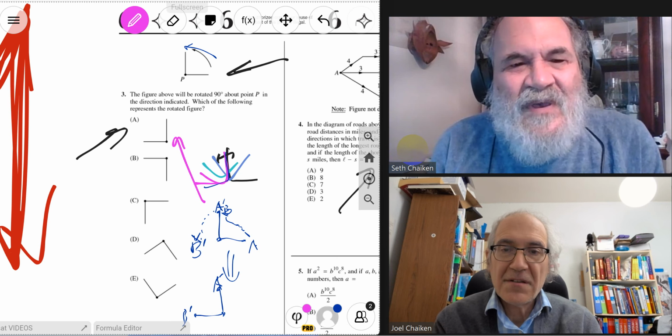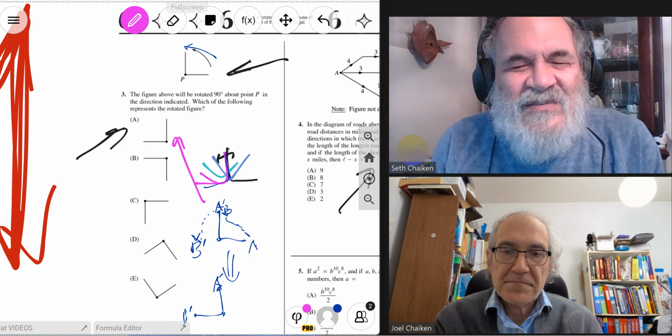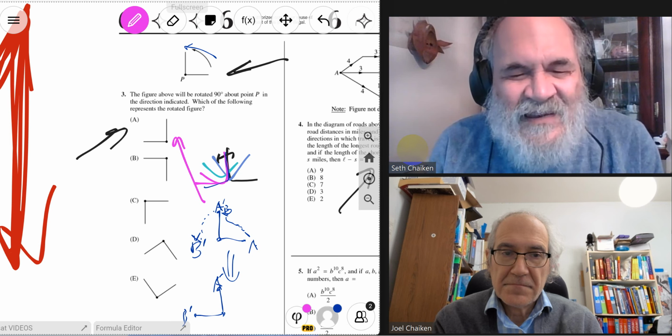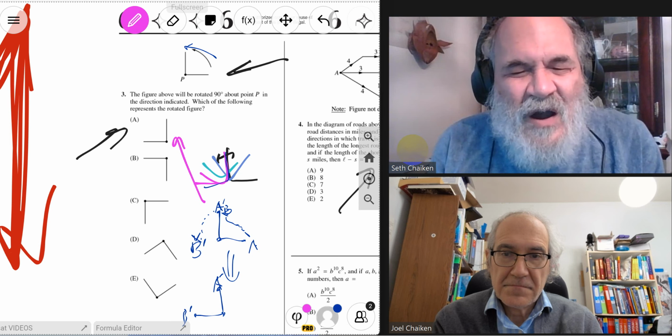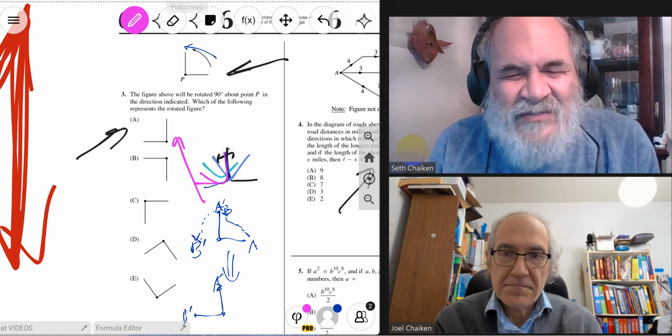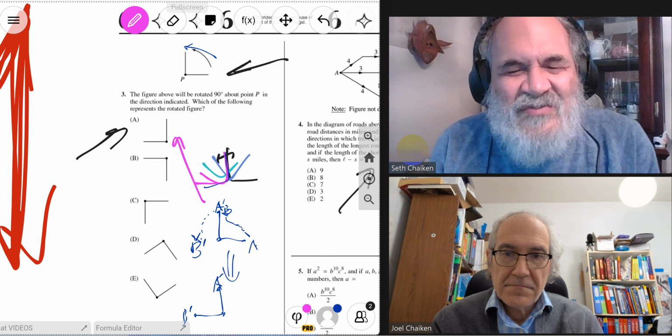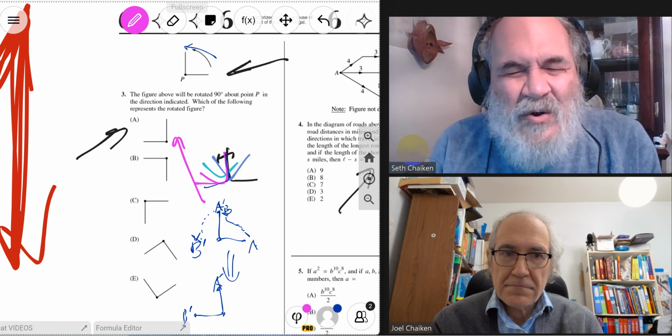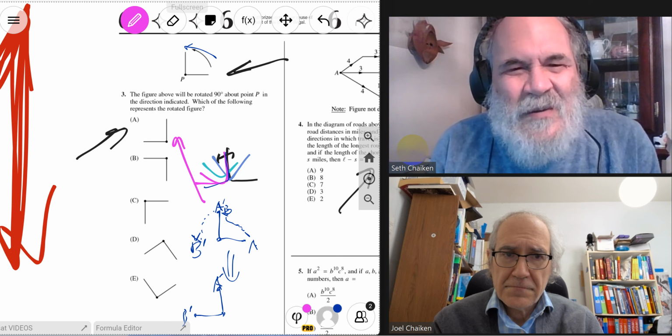It's a test of understanding a couple of things put together: what 90 degrees means, what measures of angles are, what rotation means, and then basically some visualization skills.